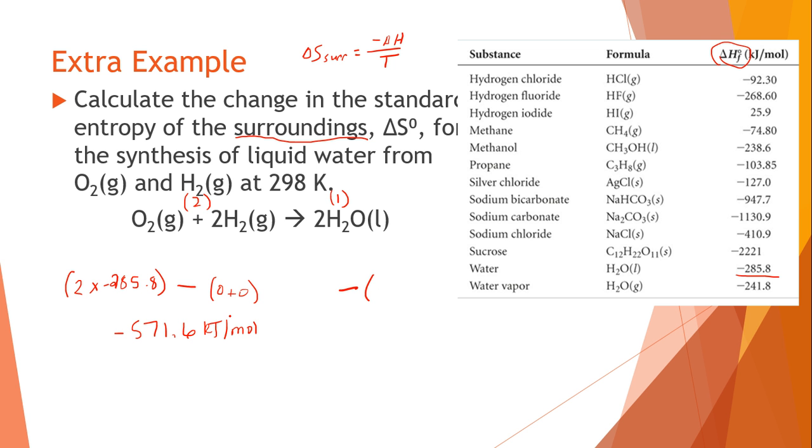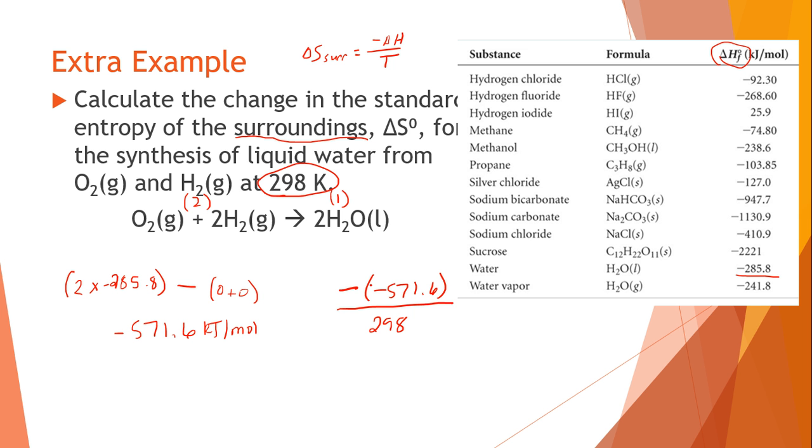Okay, my delta H is negative 571.6 divided by T. So here my T value is still 298, which makes sense because it's about standard temperature. We want to keep it pretty constant. We have a negative times a negative, which becomes a positive.